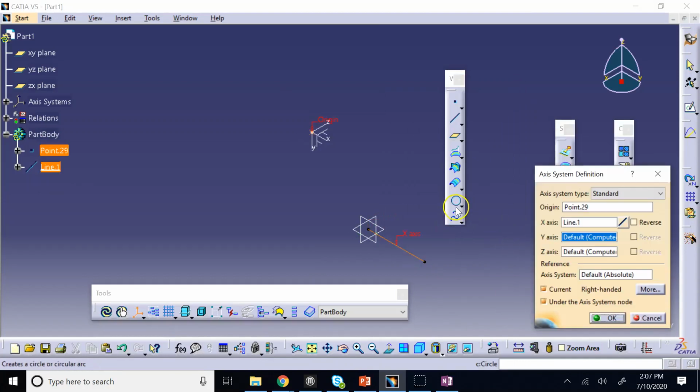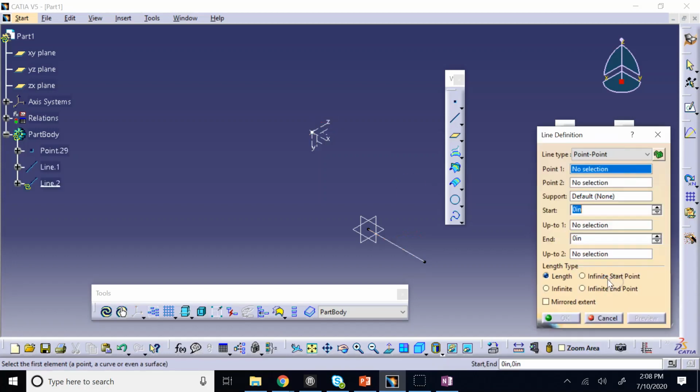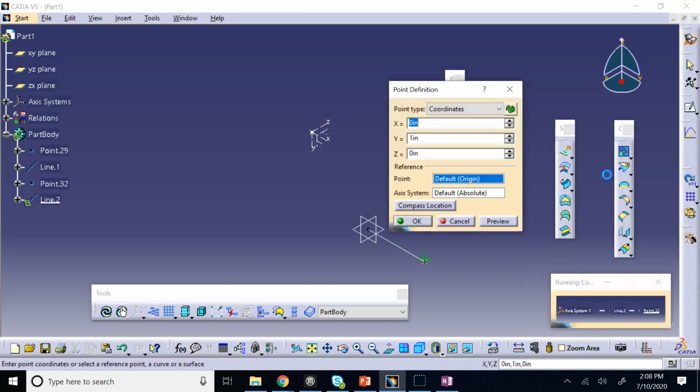Now, if you see, my new x-axis is parallel to y, actually. It asks, what is your y? So I make my y parallel to the old z, or I can give it an angle if I want to. Here, I go ahead and again create a line for that, using two endpoints.